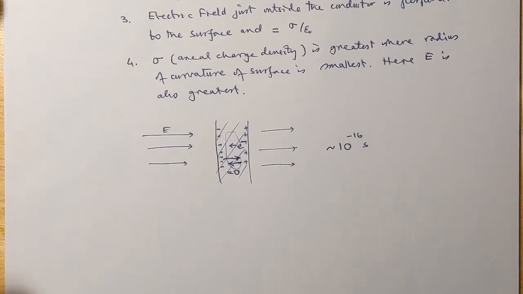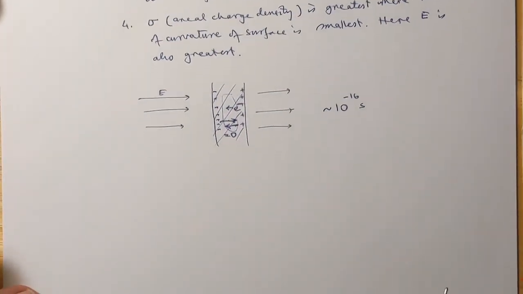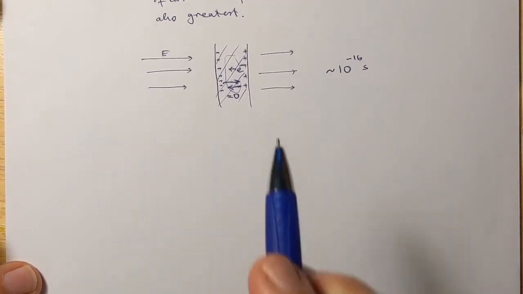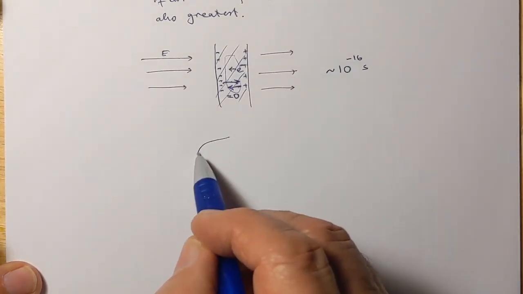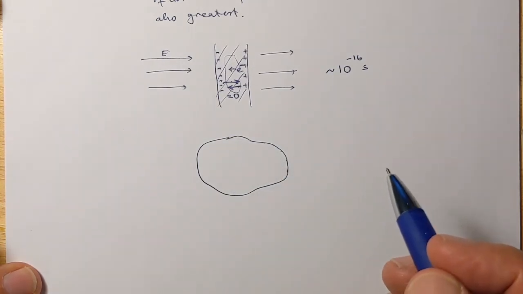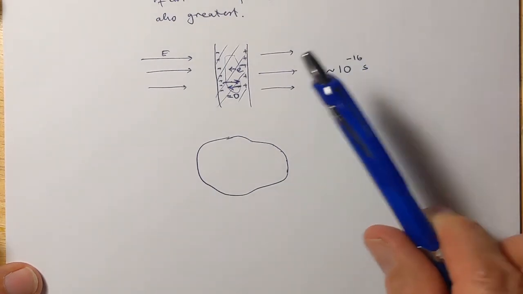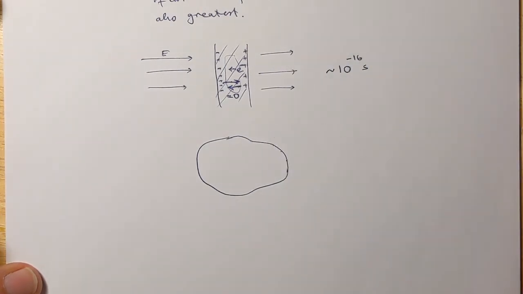Now the second is that charge resides on the surface. Let's suppose that we have a conductor, and we give it some charge. We take a rubber rod, rub it on silk, and touch it to the conductor so that it gets an excess of electrons, or you can charge it any other way.